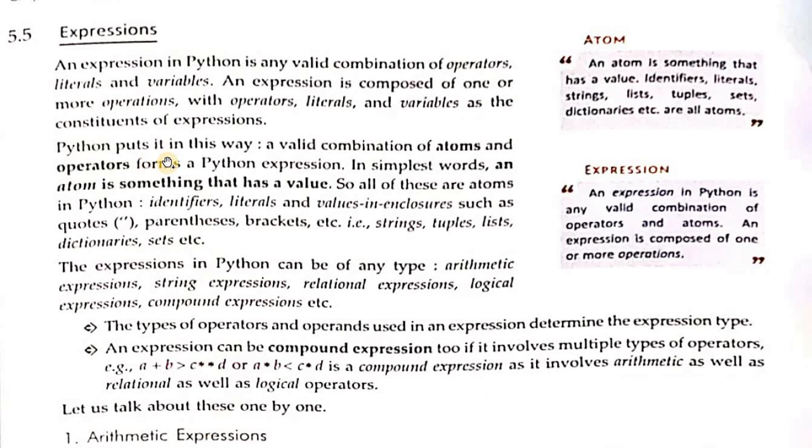Python puts it this way: a valid combination of atoms. Atoms means something that has a value. If you are using a literal, that is a value; if you are using a variable, that also has some value.